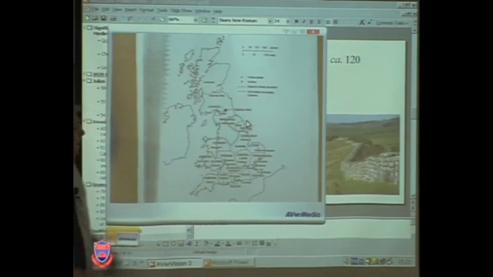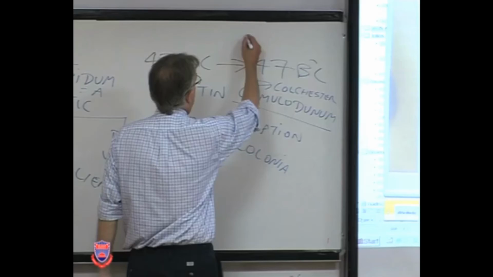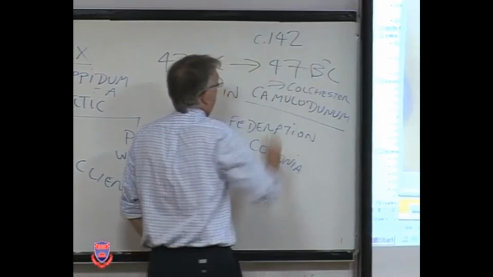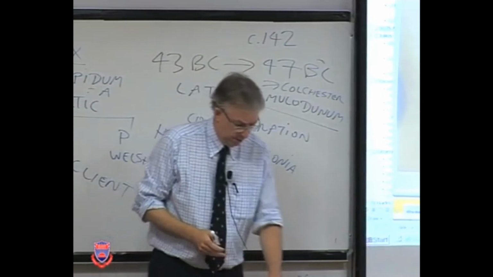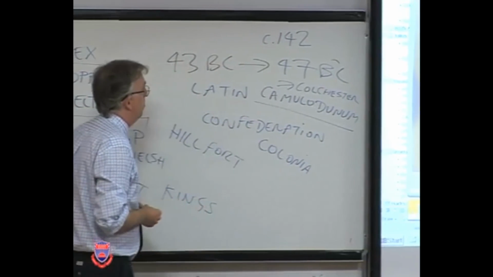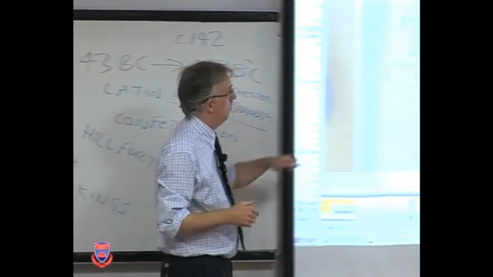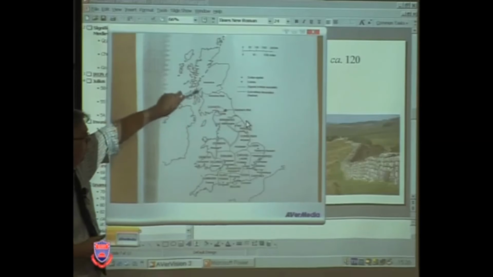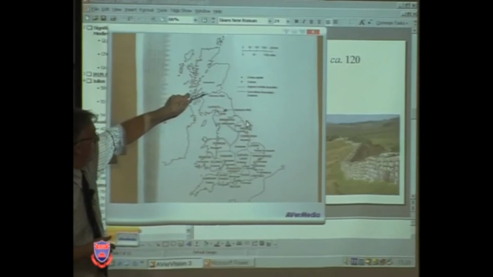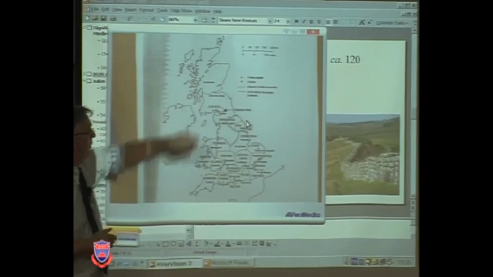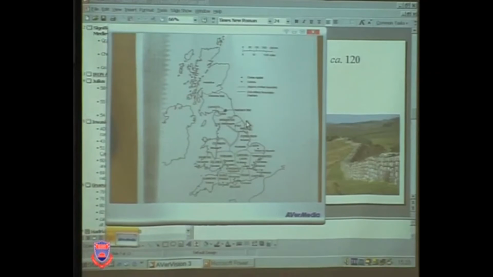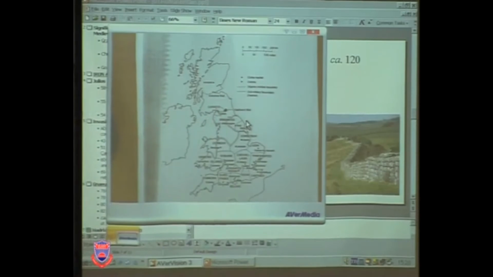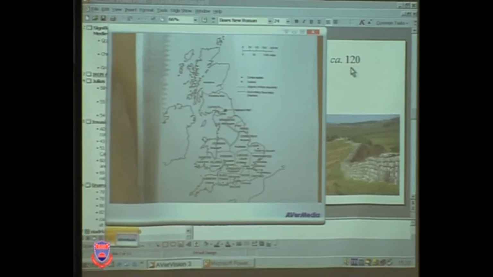About 20 years later, under the Emperor Antoninus Pius, the Romans pushed their border up further into Scotland and built another wall known as the Antonine Wall, which you can see there. But this was short-lived, and within a decade or so, the border had been re-established at Hadrian's Wall there, which you can see on the map, as I said.